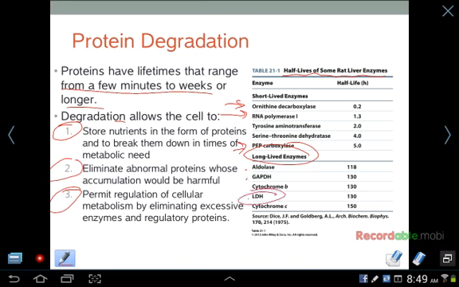Remember, LDH is lactate dehydrogenase. We see that we get much longer half-lives. And so what you'll notice is some of the enzymes that you may recognize as control points in other metabolic processes have very short lifetimes compared to enzymes that are not necessarily rate determining or control steps in these metabolic processes.